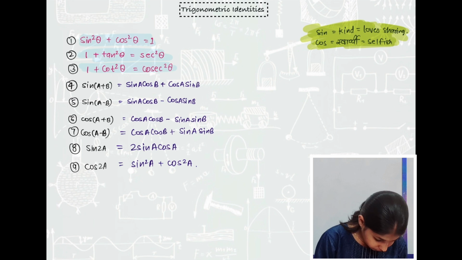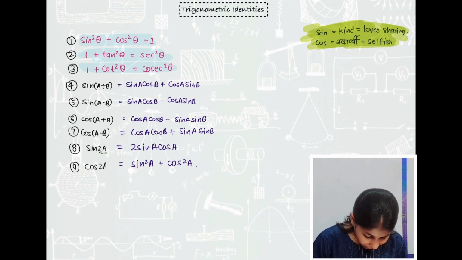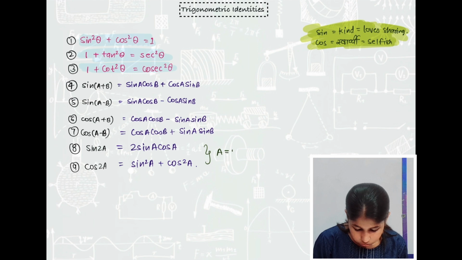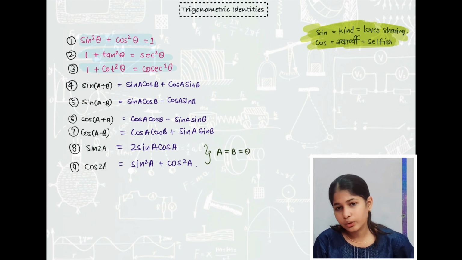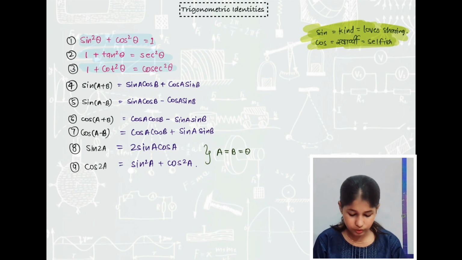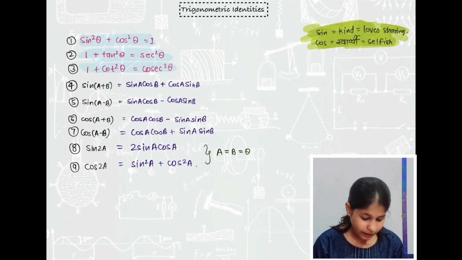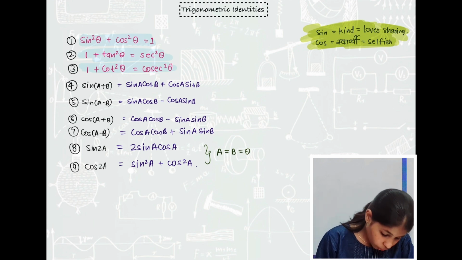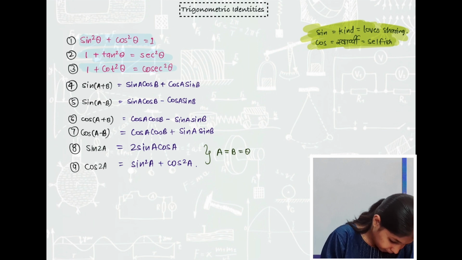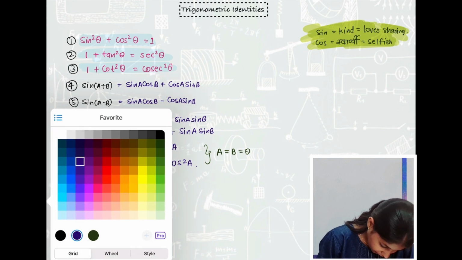First of all, why has 2a come here? Because when a is equal to b and b is equal to theta, means all will be equal. So simply we have taken a. I'm just solving it in a different way so you can understand very easily.